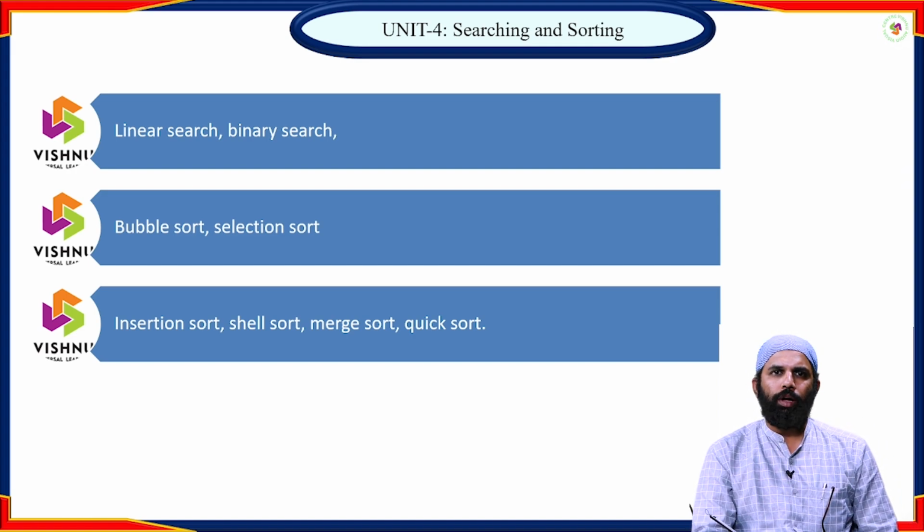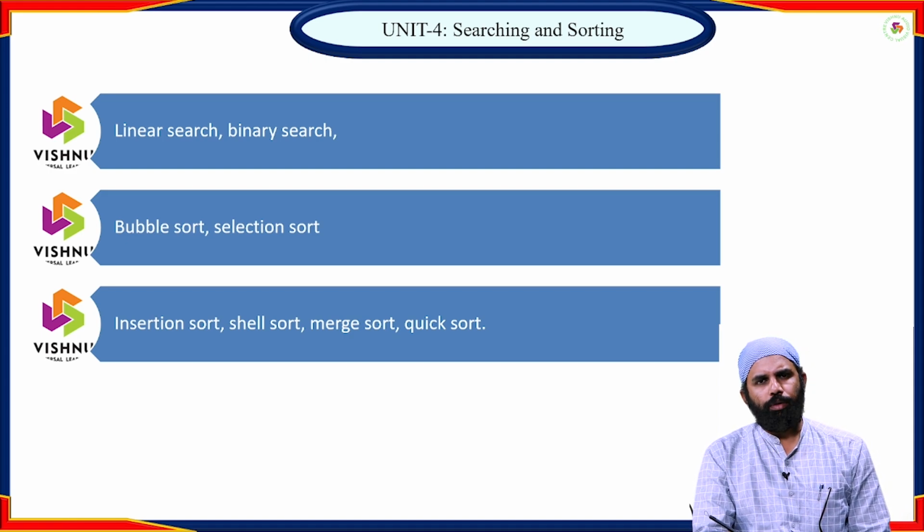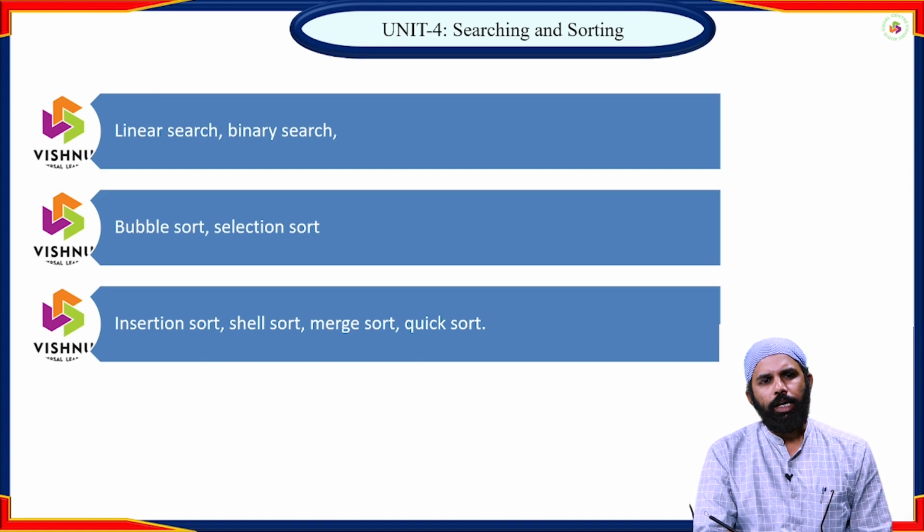Unit 4 helps us understand how data is processed for searching and sorting. We have different types of searching and sorting techniques. In searching, for this elementary and introductory level course, linear search and binary search help students enhance their programming mind with respect to searching techniques.